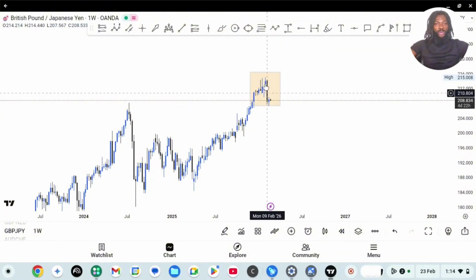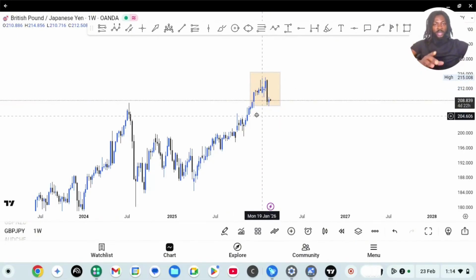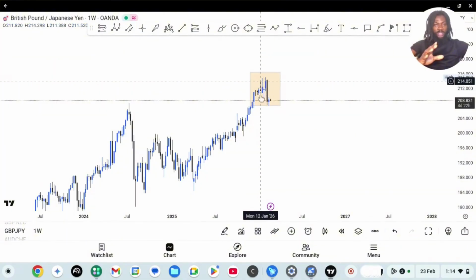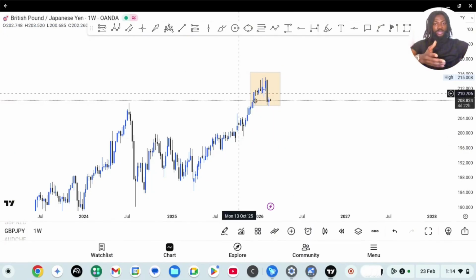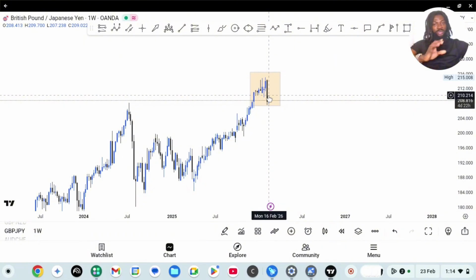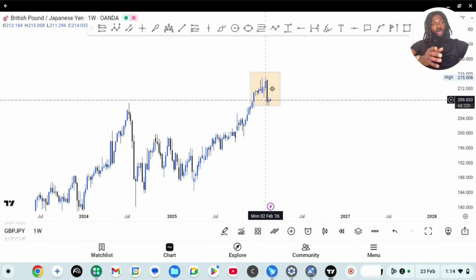When you look at this box that I drew here, the market has been going up, but when you get to this particular point, the market starts giving us rejection downwards. Rejection like pin bars, shooting star candles, and at the end, the last 2 weeks, it gives us a massive bearish engulfing.